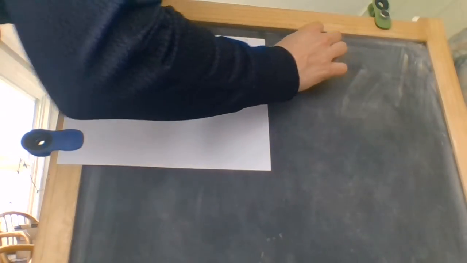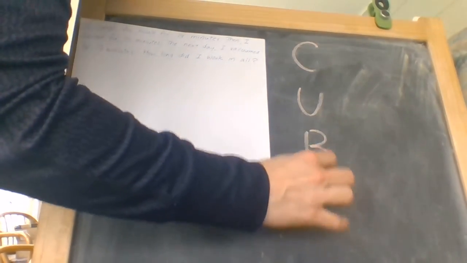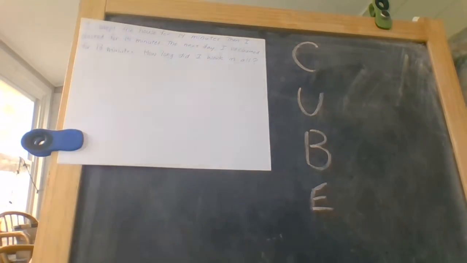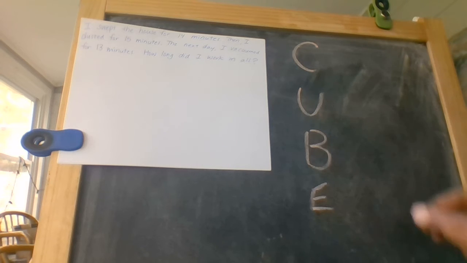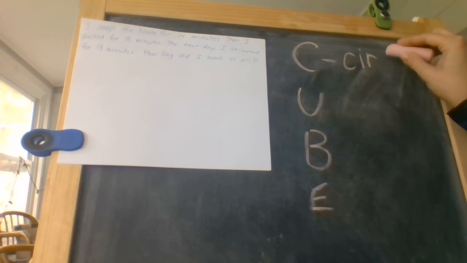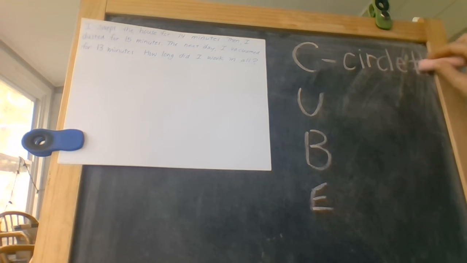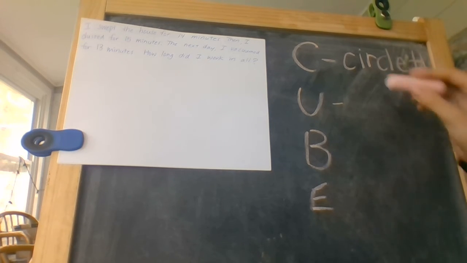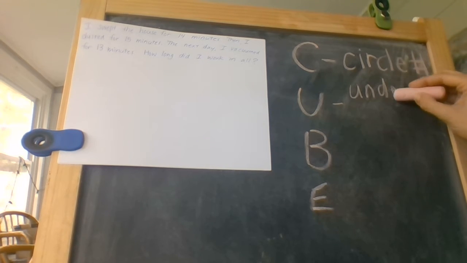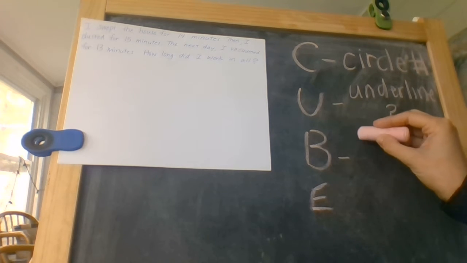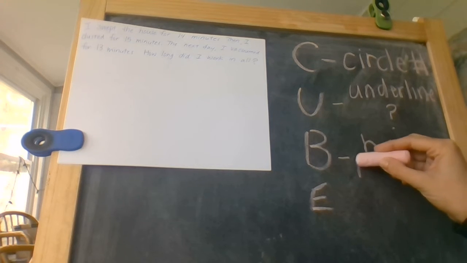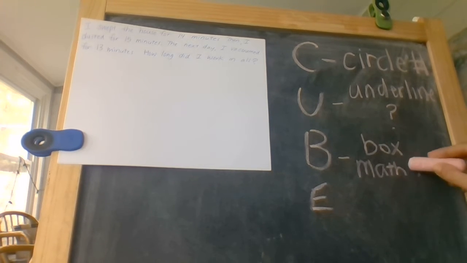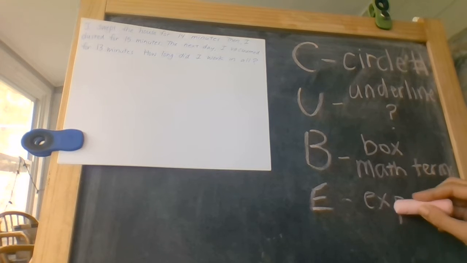So CUBE, C-U-B-E. If you remember from school, in our classroom, CUBE is where you circle the numbers, you underline the question, you box math terms, you box them in, and then you explain what you're going to do before you solve it so it makes sense.